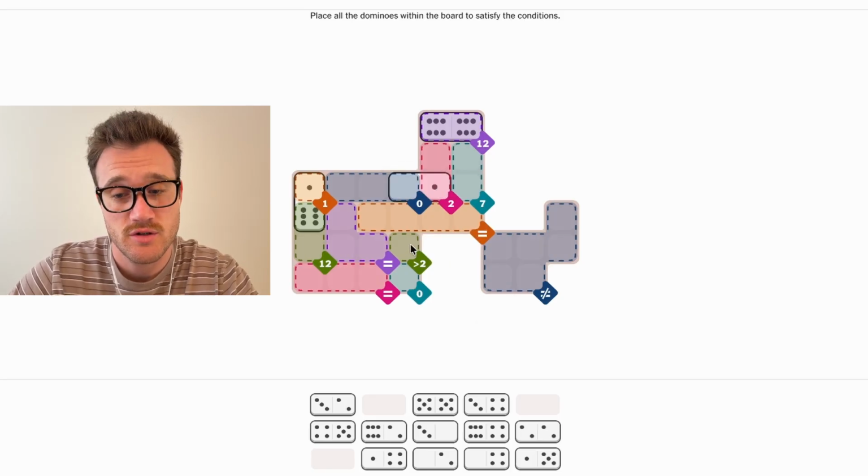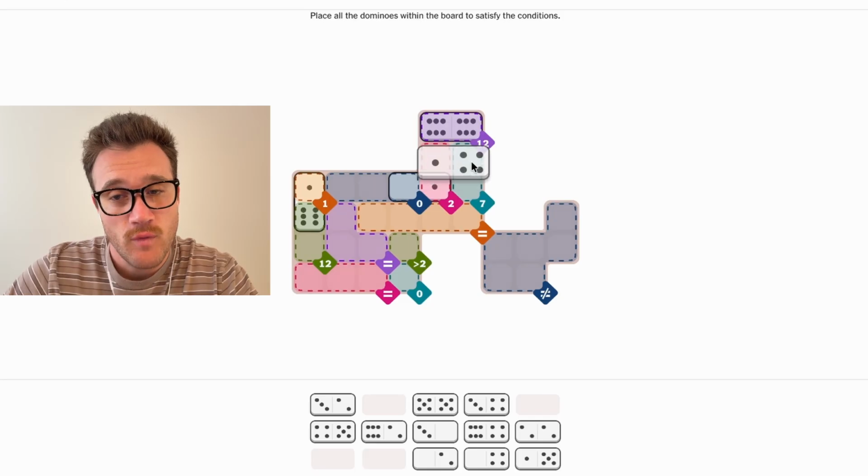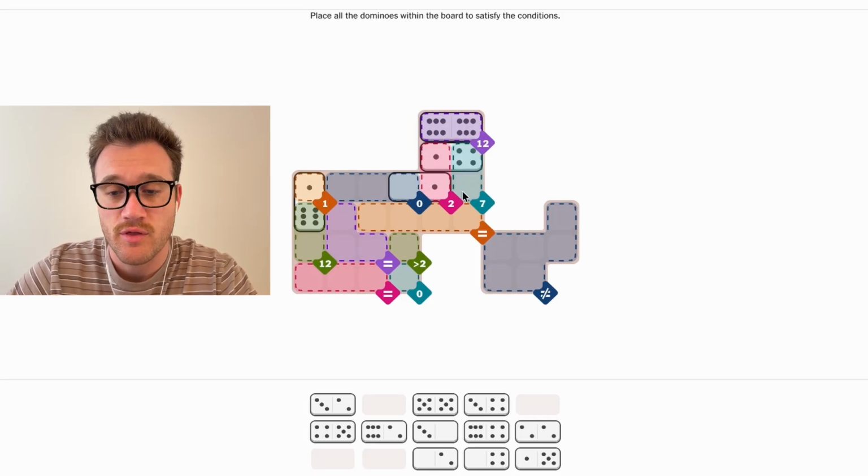0 greater than 2. We could do 0, 3 or 0, 4. Knowing that this is going to be a 1 as well, we could go 1, 4 or 1, 5. If we were to go 1, 4, we would have to have a 3 go down, and we're going to need 4 of a kind here, and this is going to be a double.